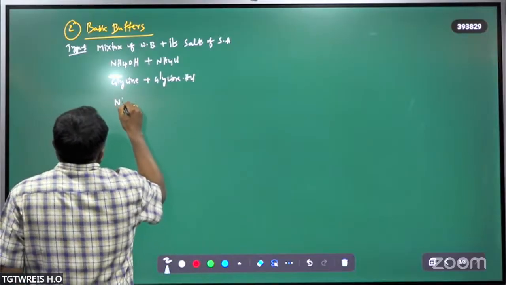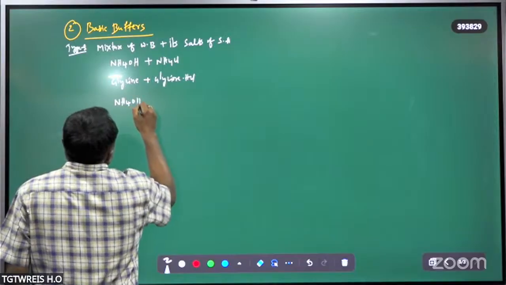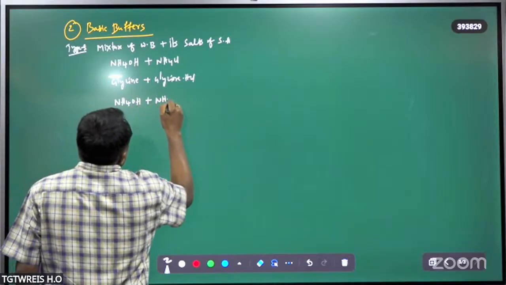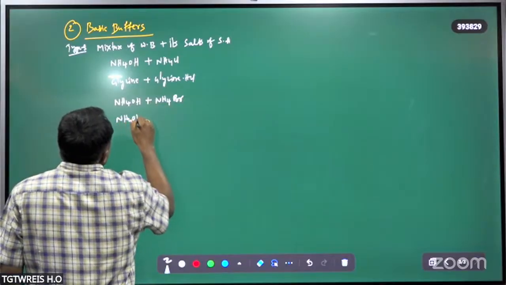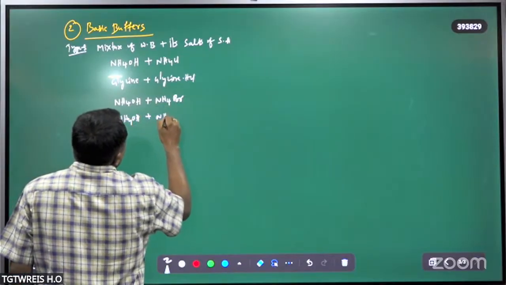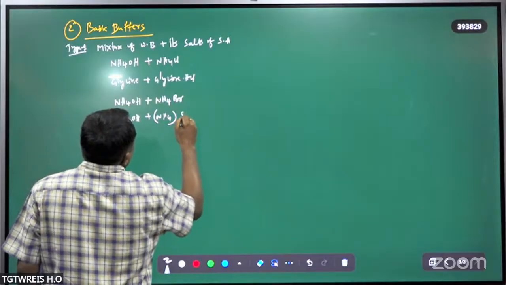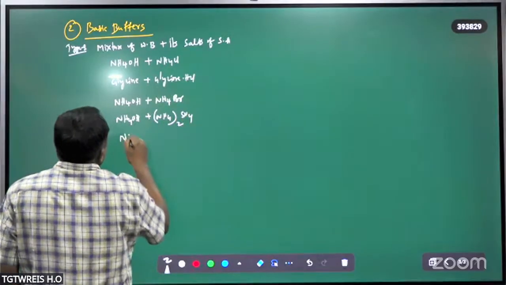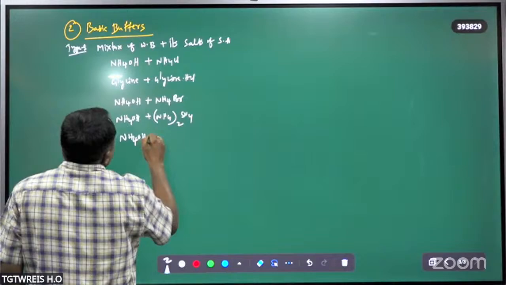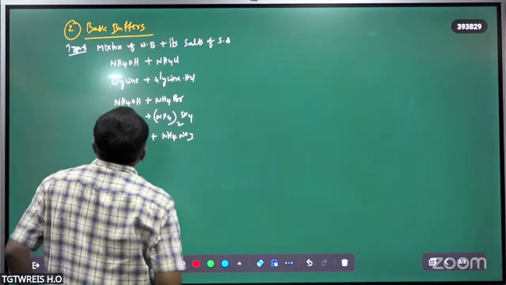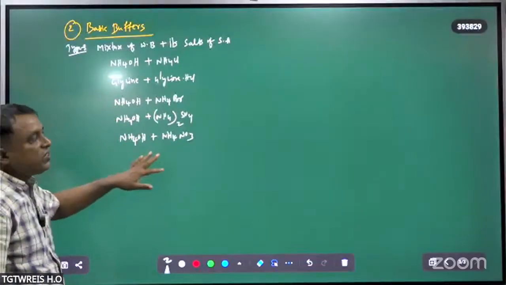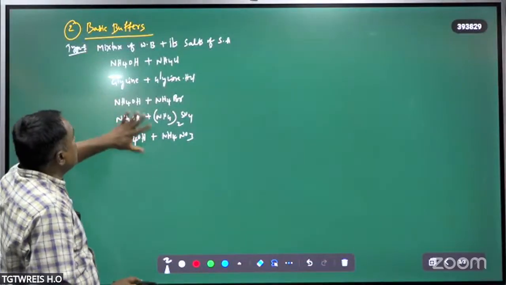And ammonium hydroxide plus ammonium bromide, ammonium hydroxide plus ammonium sulfate, ammonium hydroxide plus ammonium nitrate. All these will act as buffer solutions. These are the basic buffer solutions.